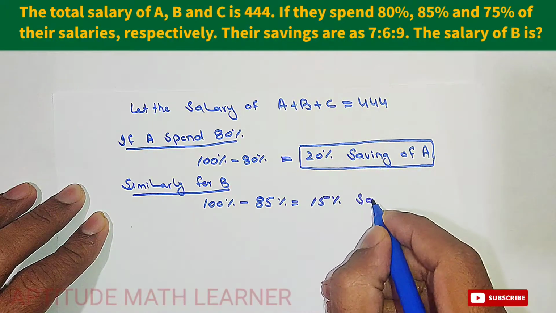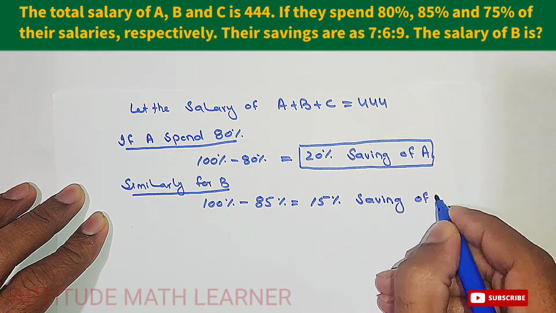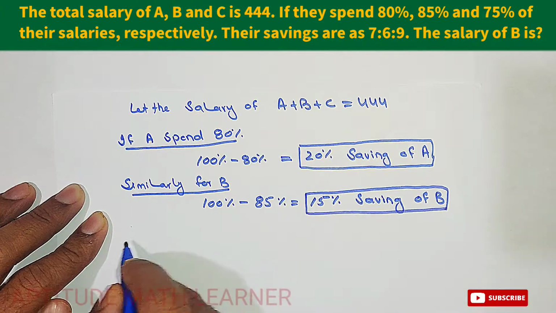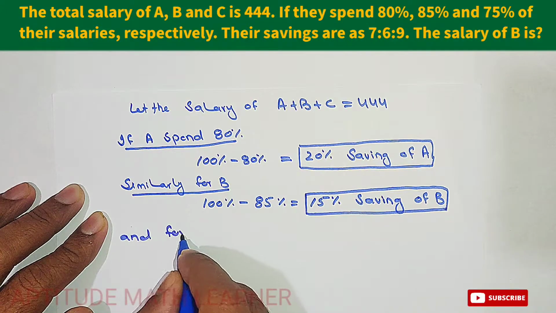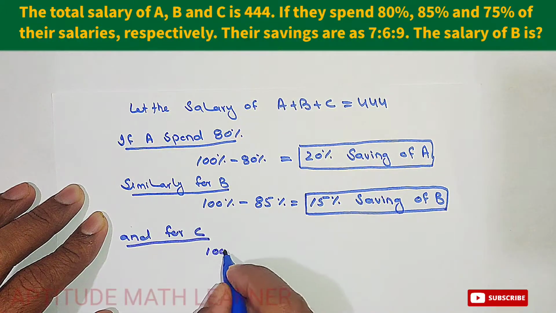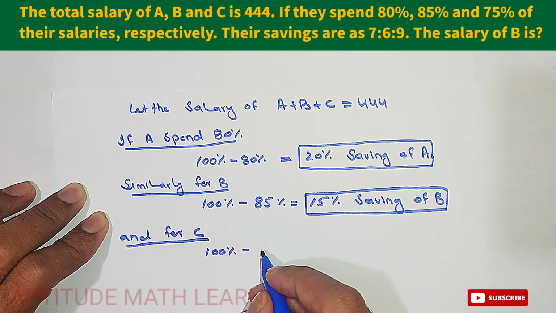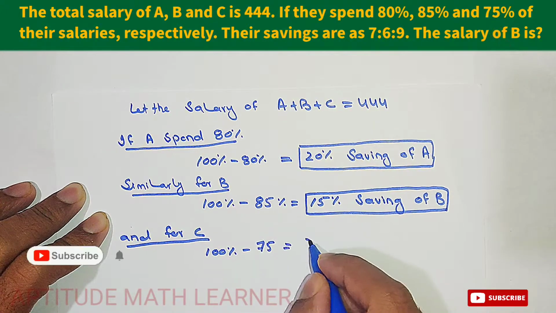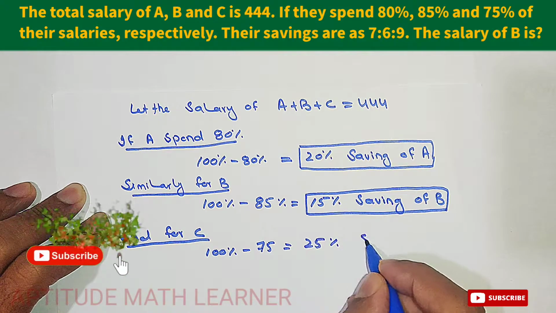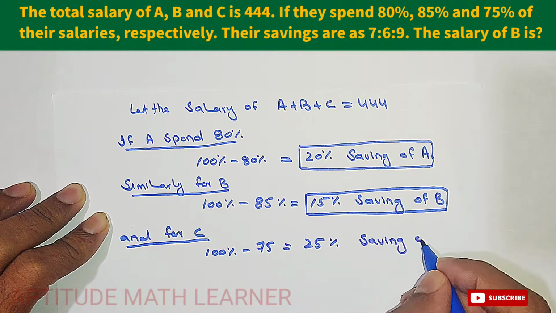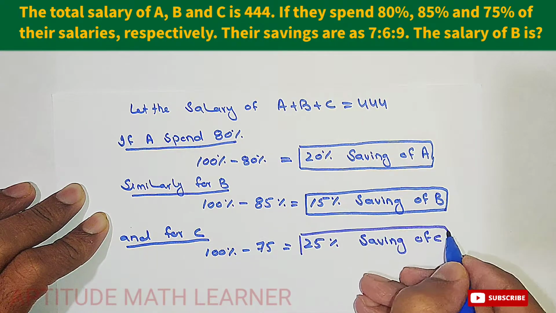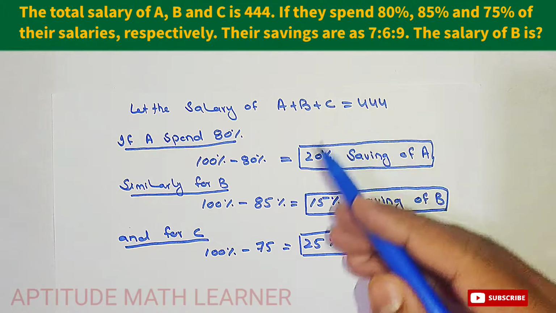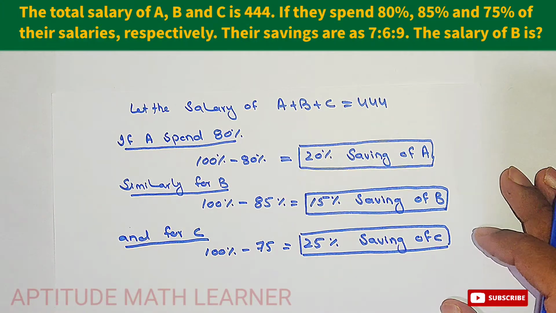So this is the saving of B. And for C, 100% minus 75% is equal to 25% saving of C. So now we have just found out the percentages of saving of A, B and C.